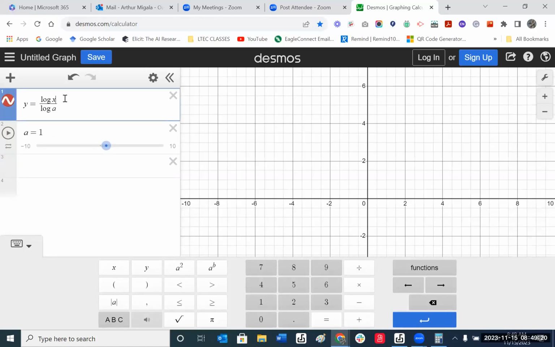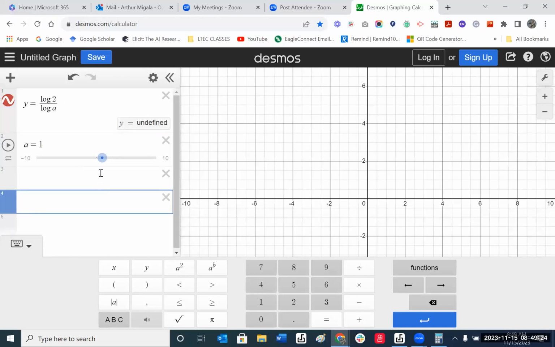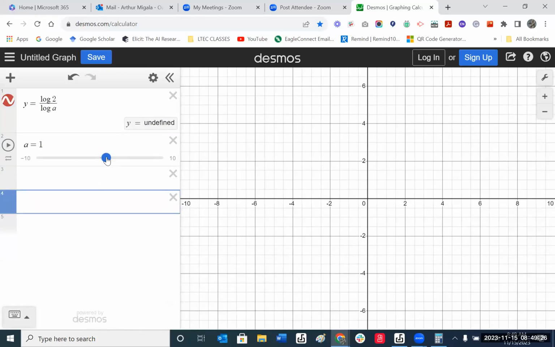Well, let's do log of 2 then. Can't do that. This is going to give me just a regular function. Well, I can't use that then. Stupid calculator.